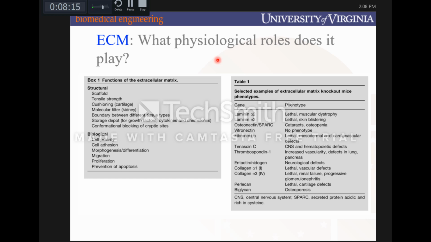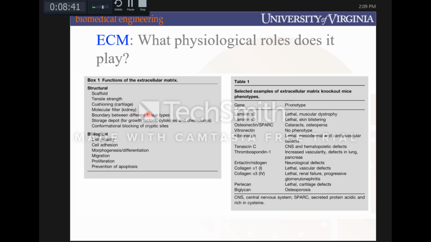The amount of cues that cells receive from the basement membrane or the extracellular matrix can't really be overstated. So structurally, in terms of physical things, engineering things, tensile strength, compressive strength, loading, torsion forces, all that, that's what ECM does. So cushioning and cartilage, the ability for you to actually jump up and down and not have your bones just smashing into each other and breaking apart every time you run.